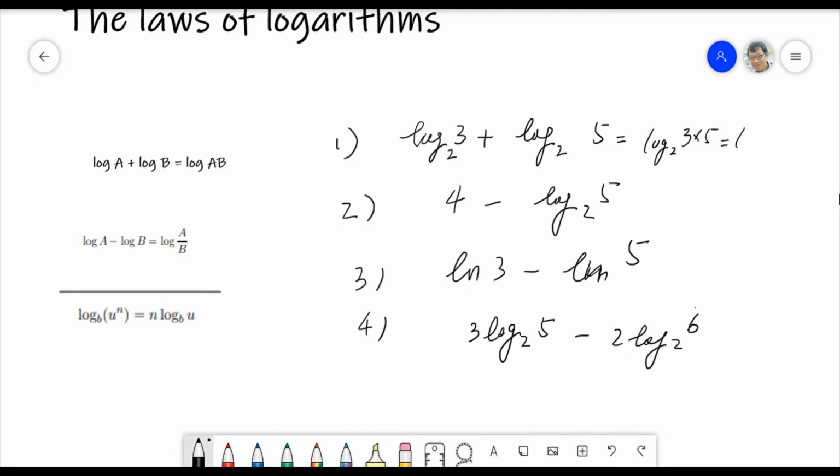So the answer is log base 2 of 15. Don't ask me to give you the exact result, okay? That is not included. This log base 2 of 15 can be treated as a final result. You don't need to simplify enough to get a real number like 3.5 or something, no need, okay?